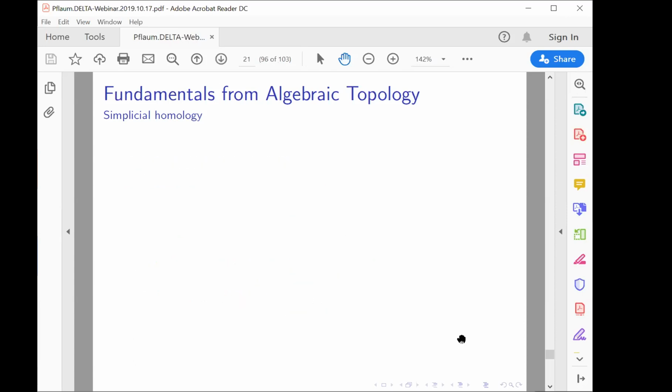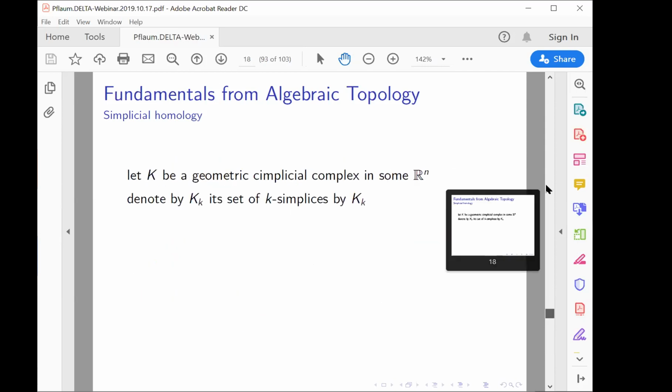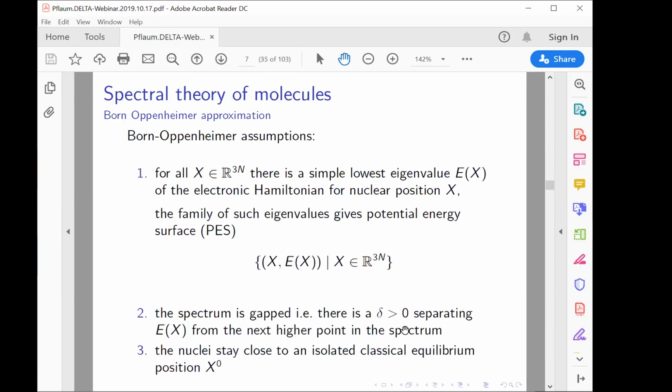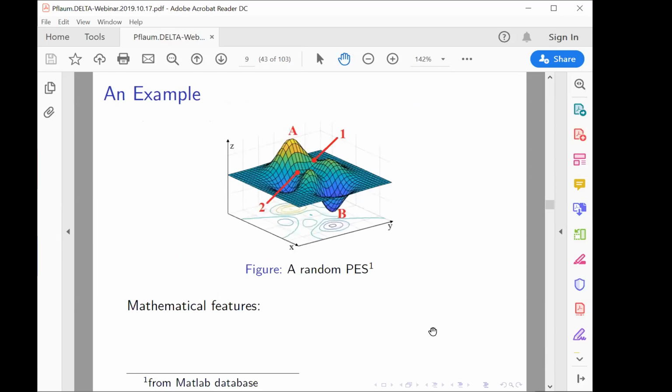So in principle, going way back to the energy surface, you do some cutoff, and you look at what kind of dimensional holes you get when you cut off.